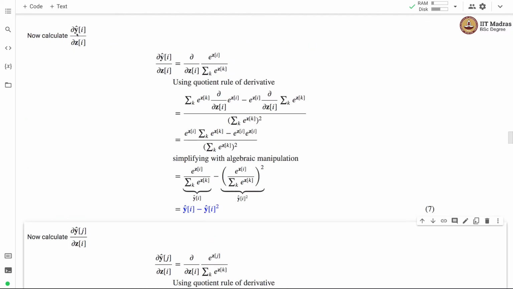Now let's calculate the partial derivative of the prediction for the ith class with respect to Zi. Let's substitute the formula for the prediction, which is the softmax activation. So we get the partial derivative of the softmax activation with respect to Zi, and for this we use the quotient rule of derivative.